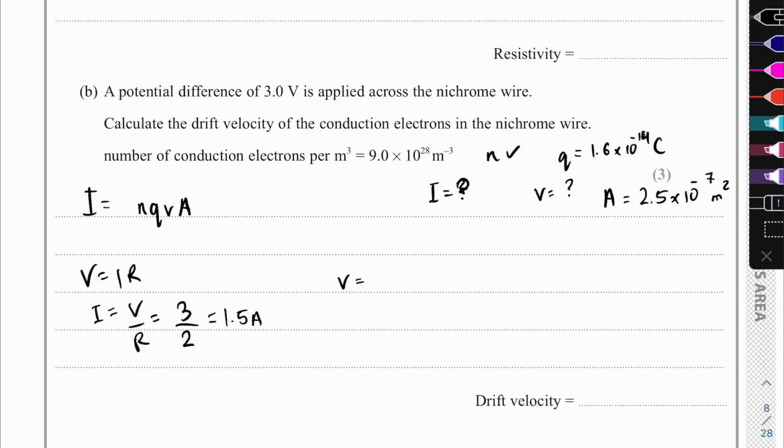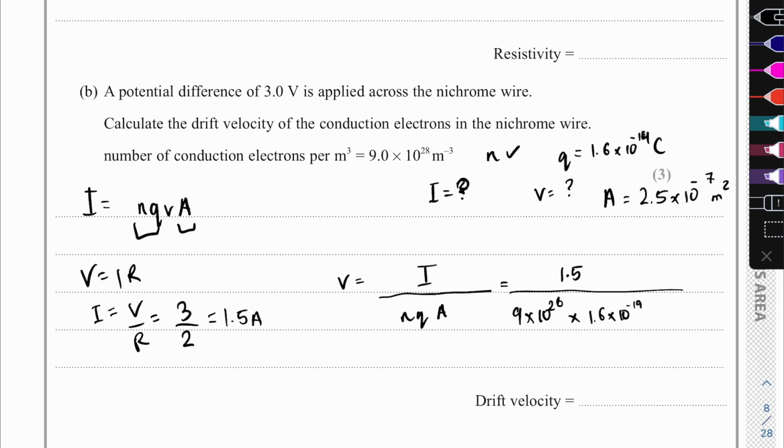So v equals I over, so what's remaining? NQ and A is the remaining. So we get 1.5 all over N, which they've given us as 9 times 10 to the power of 28, times the charge, which is 1.6 times 10 to the power of negative 19, multiplied by the area, which is 2.5 times 10 to the power of negative 7.